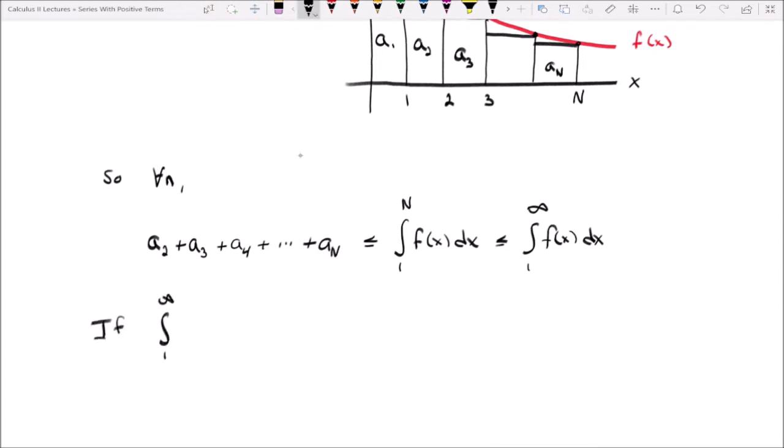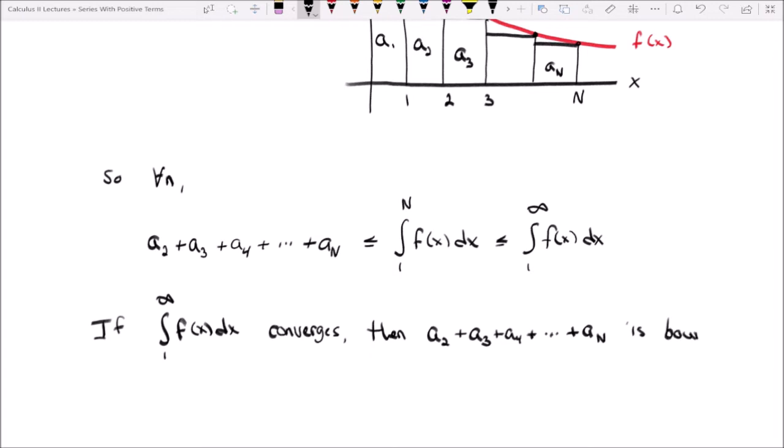If this integral converges, then this sum right here is bounded above by a finite value.